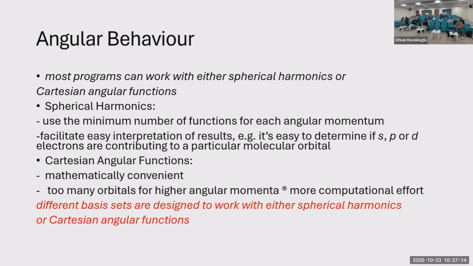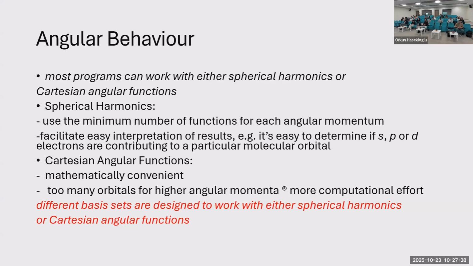Most programs can work with either spherical harmonics or Cartesian angular functions. In spherical harmonics cases, we use the minimum number of functions for each angular momentum, and it facilitates easy interpretation of results. That means it's easy to determine if S, P, or D electrons are contributing to a particular molecular orbital.